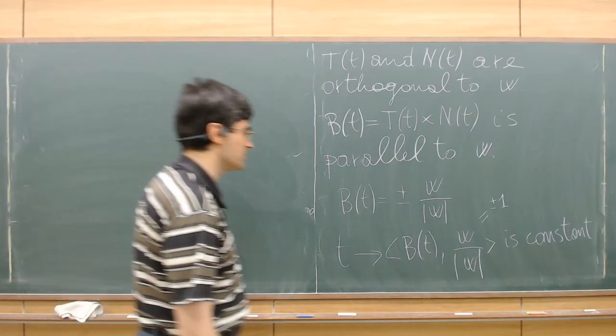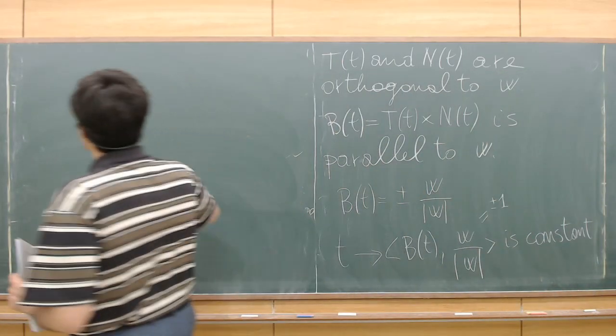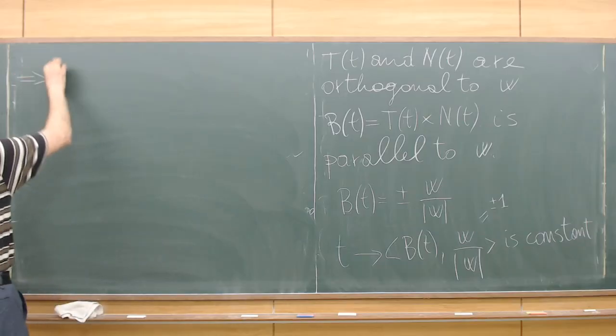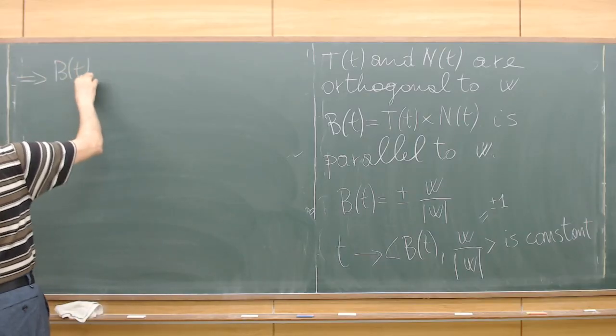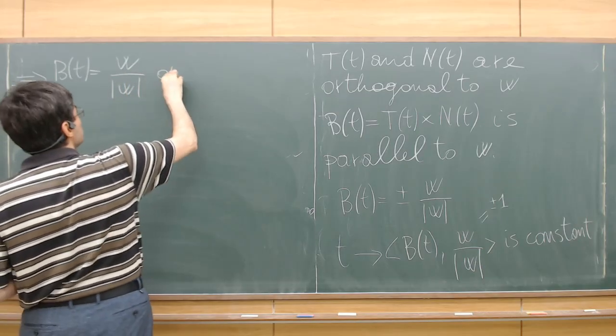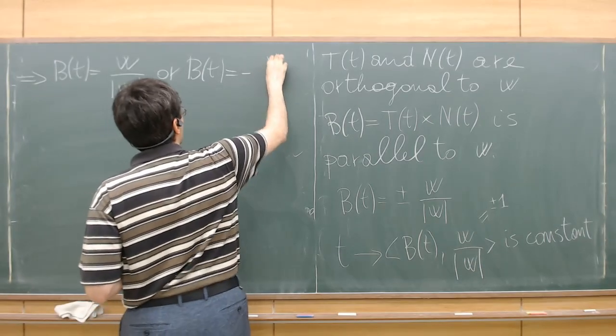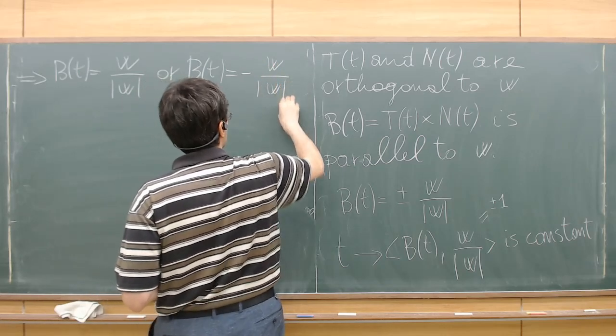So if this function here is constant, then B(t) is equal to w over length of w, or B(t) is equal to minus w over length of w.